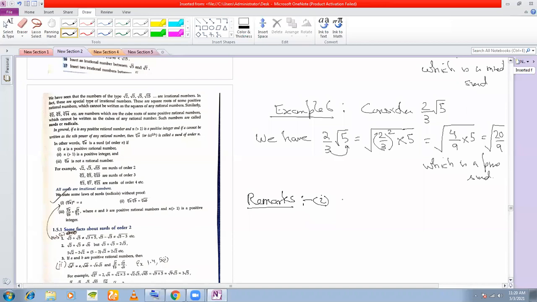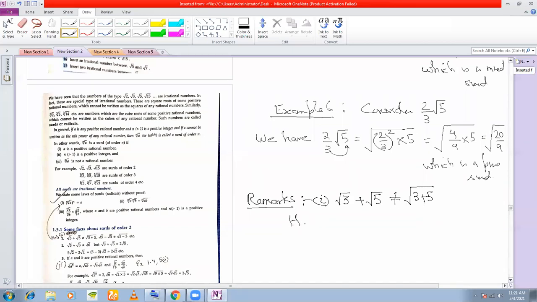The first is that when I write root 3 plus root 5, okay, this, remember, is not equal to root over of 3 plus 5. You cannot write root 3 plus root 5 is equal to root 3 plus 5.